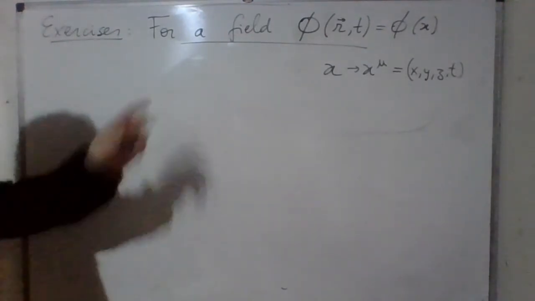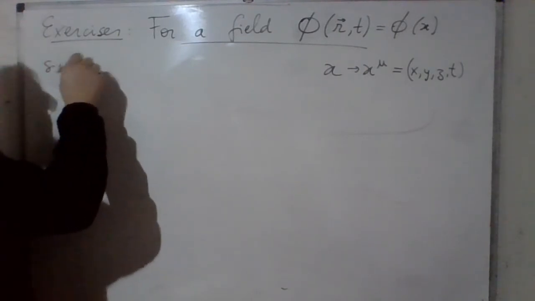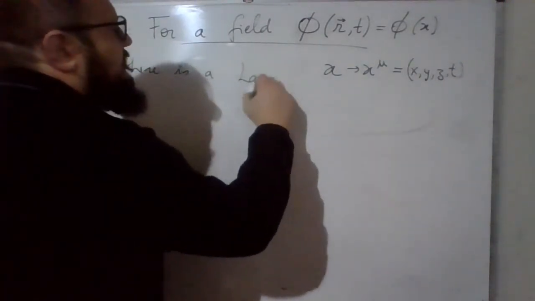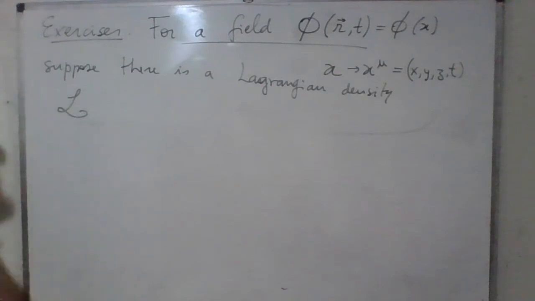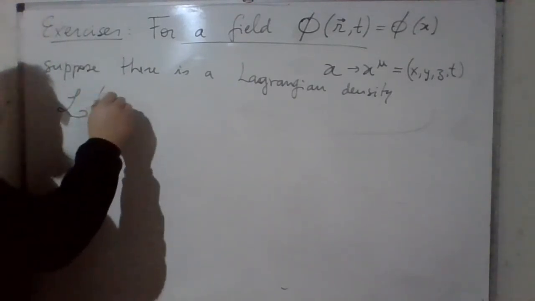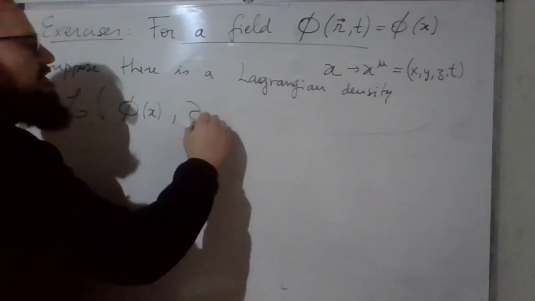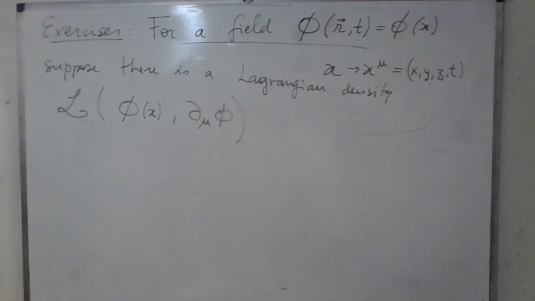And for this field, suppose there is a Lagrangian density L. I'm writing this L in a different style, okay? And this L depends on the field itself and its derivatives, which we write the following way, okay?